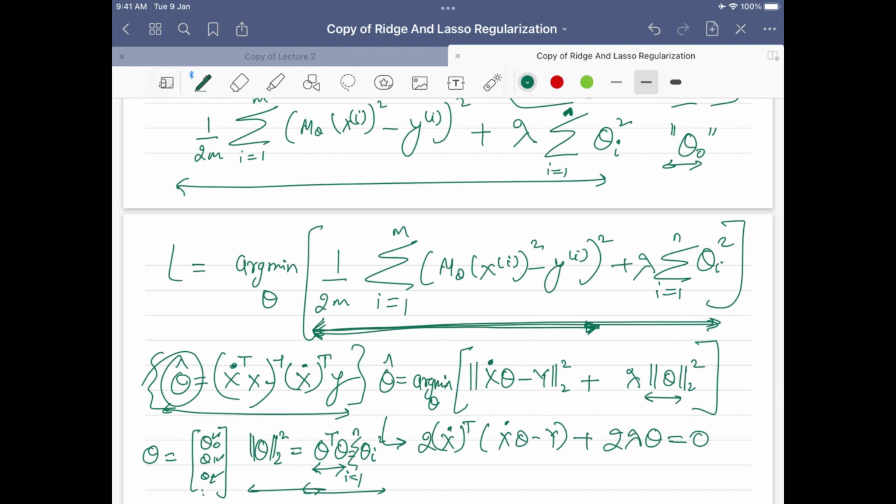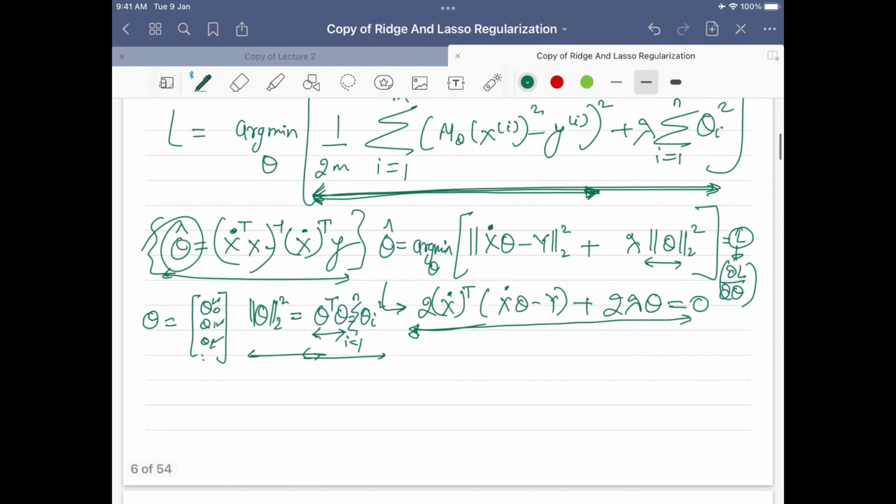You equate it to 0, because you get the minimum at the zero location. Once you do that, you get theta as x transpose x plus lambda I, inverse, x transpose y.